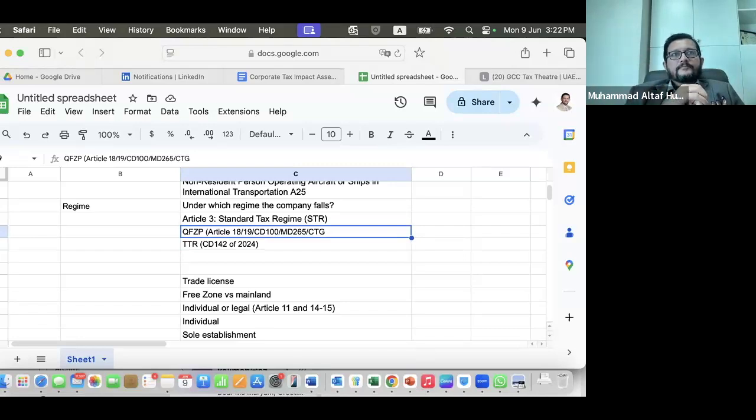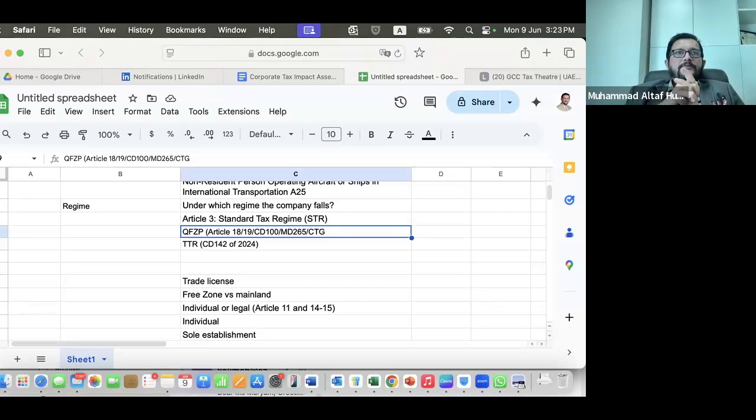First of all, the registration: it will be a free zone person. Then qualifying income. But can it be a natural person as a qualifying free zone person? In free zones, it has to be a legal person, it cannot be a natural person to begin with.